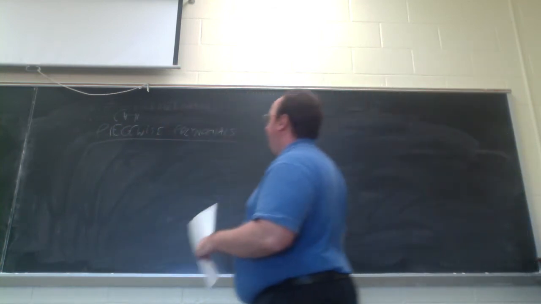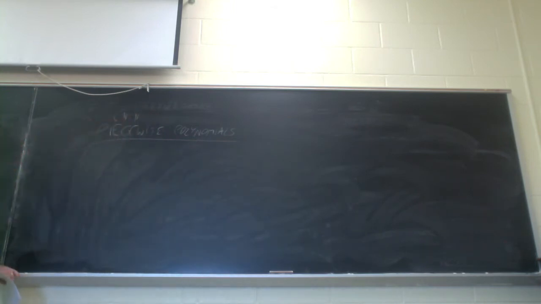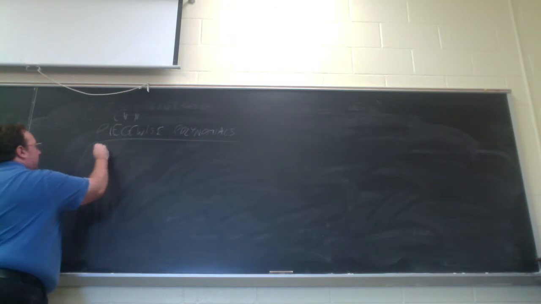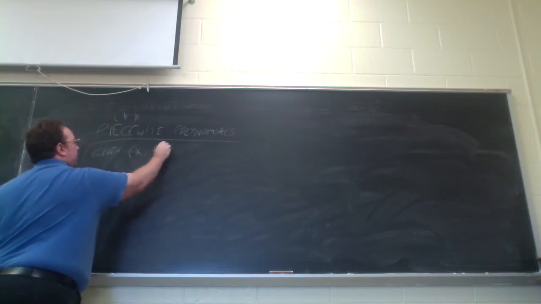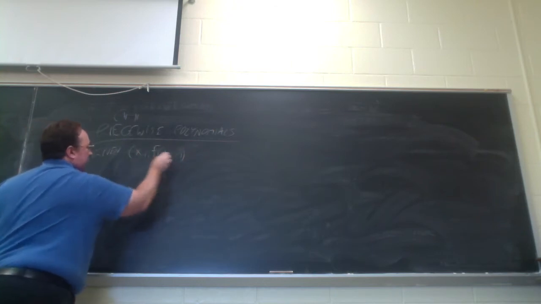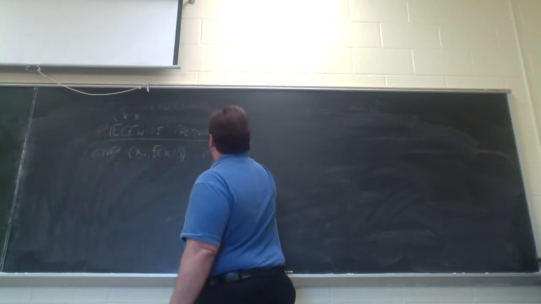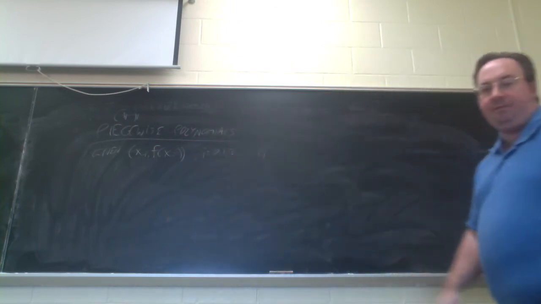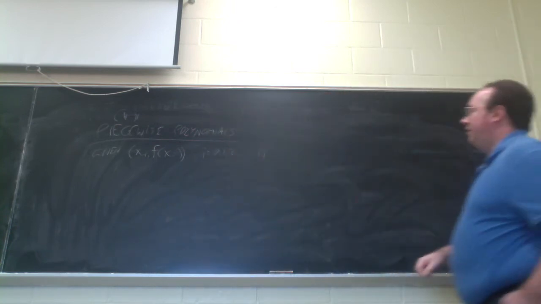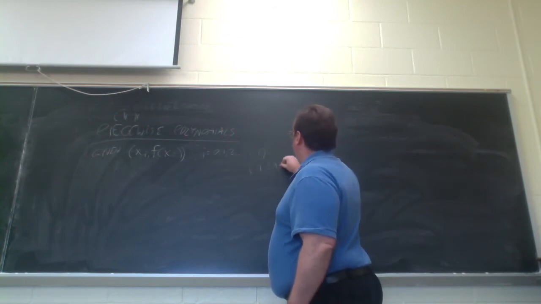So, the general idea is that if you have a bunch of points in the plane, like basically some function you want to fit. We're going to assume in this case that n is relatively large.